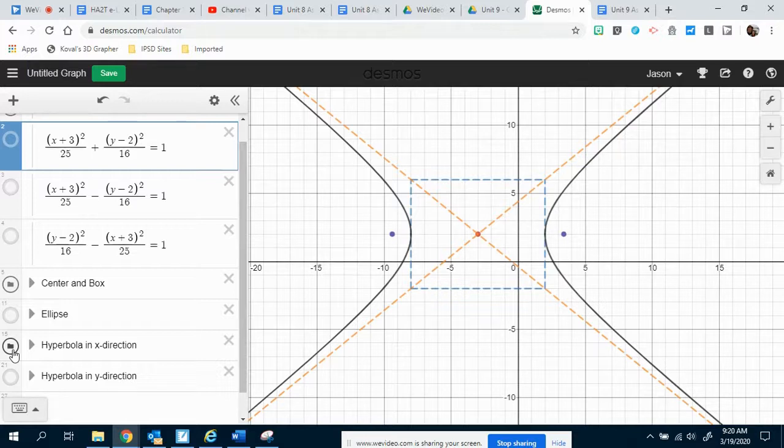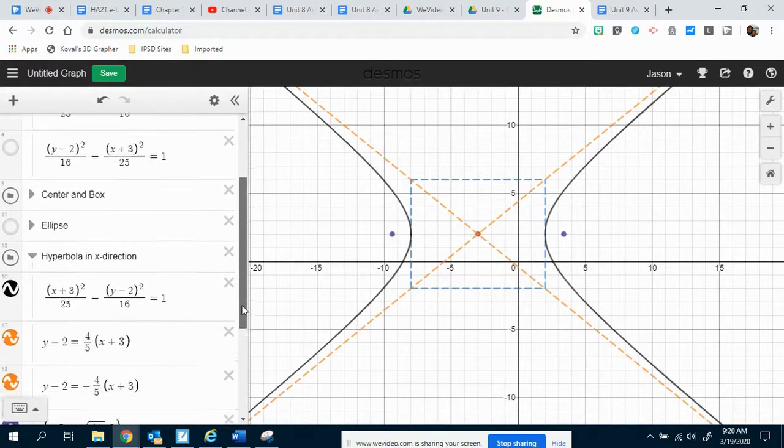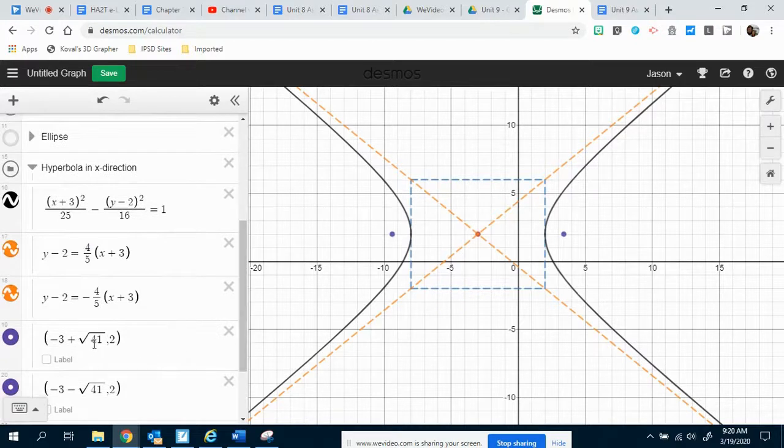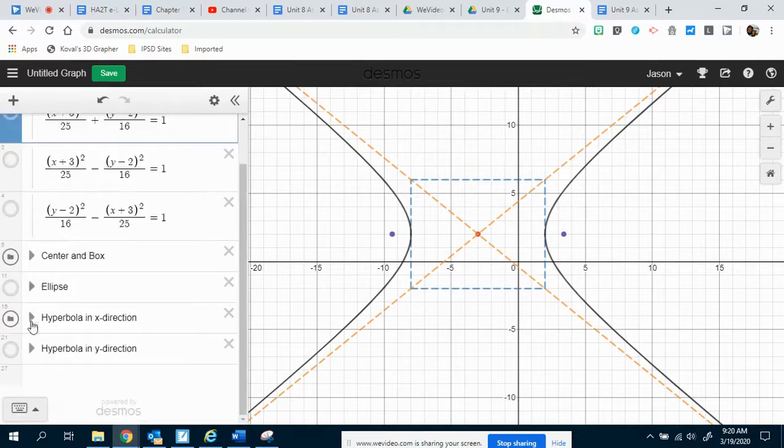We find the focal length from 4 squared plus 5 squared and taking the square root, and that's why our focus points are at plus and minus square root of 41, and we can figure out the asymptotes pretty quickly.